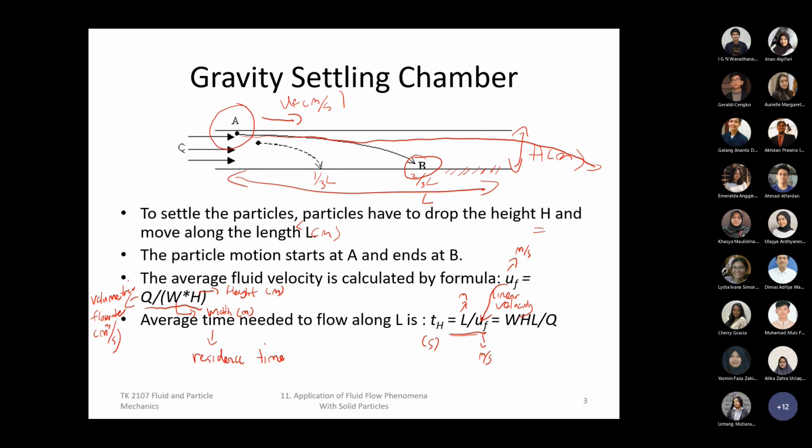So if the chamber is 10 meter and the flow rate is 10 meter per second, then of course within 1 second the gas already exits the system. But if the length is 10 meter and the velocity is 1 meter per second, then you have 10 seconds before the particle exits the system.